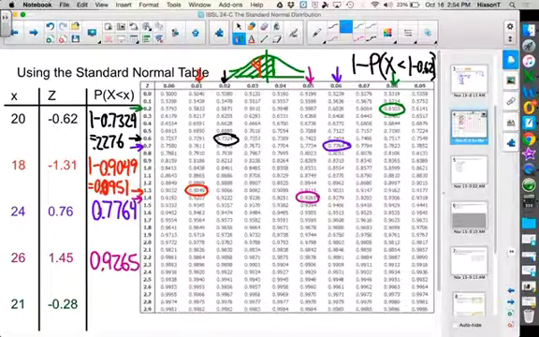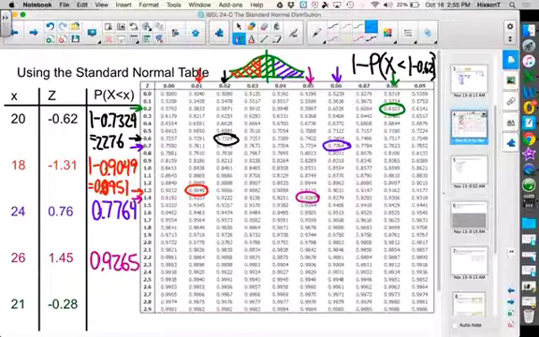So the area that we actually wanted will correspond to the complement of the area that we have here with the 0.6103.